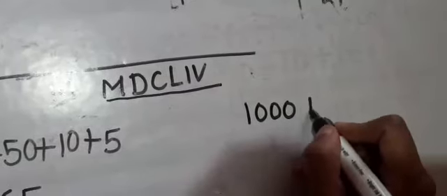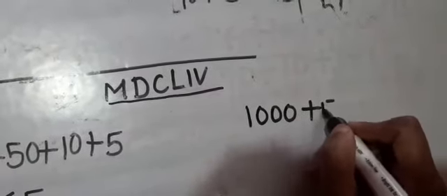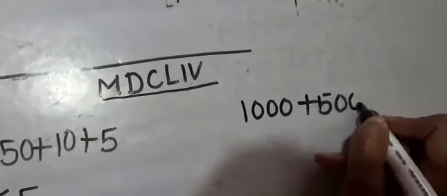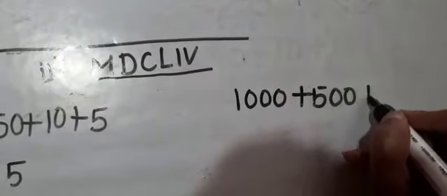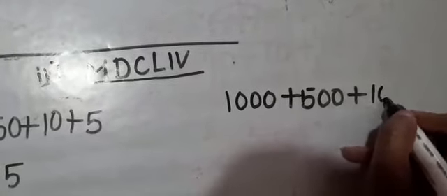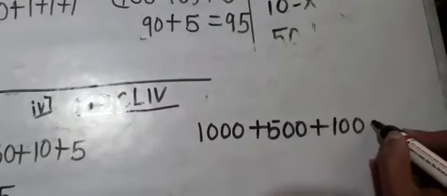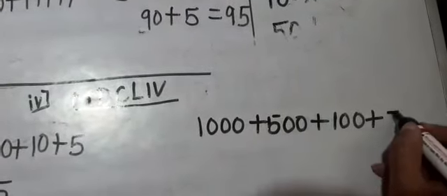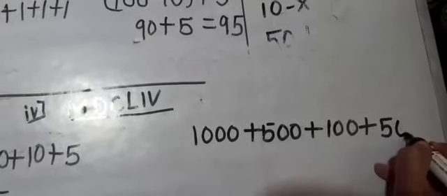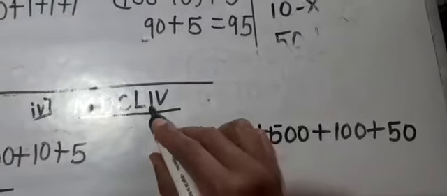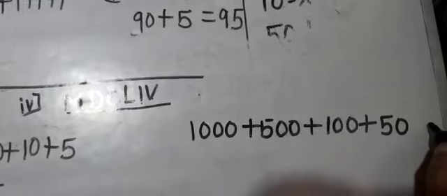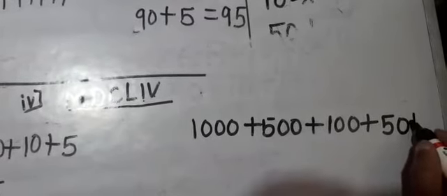The value of D is 500. The value of C is 100. The value of L is 50. Only here the last IV, and you know that IV represents 4.